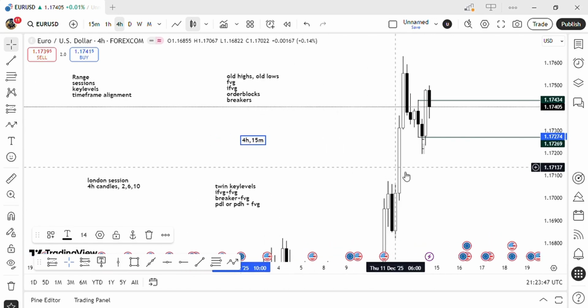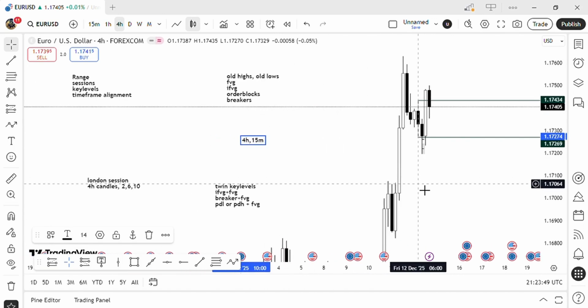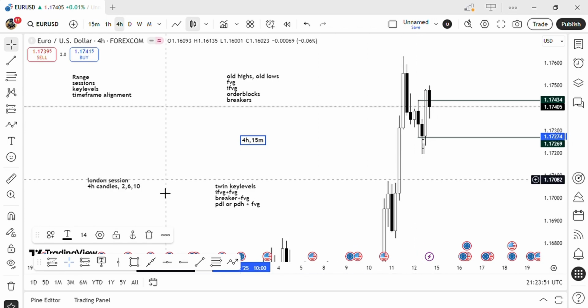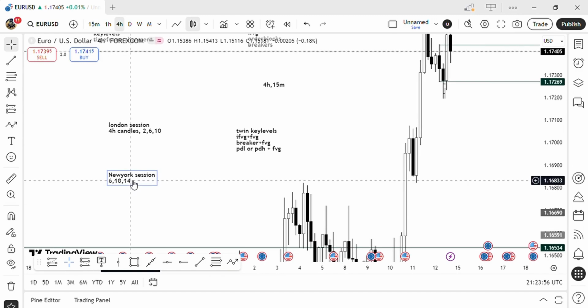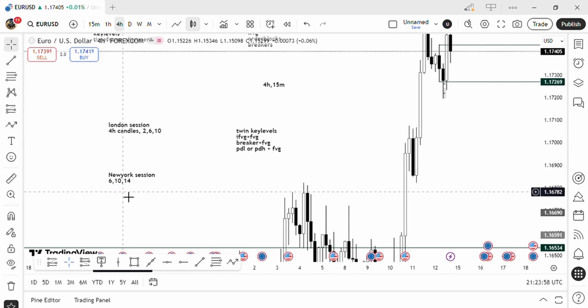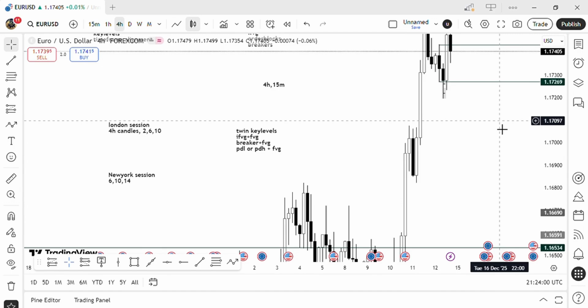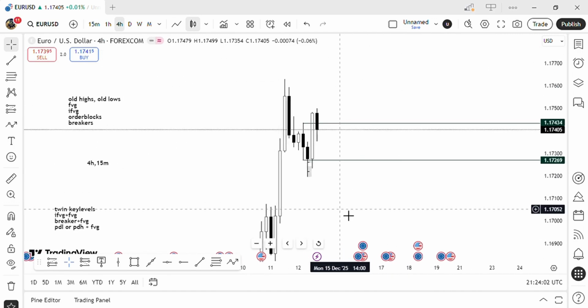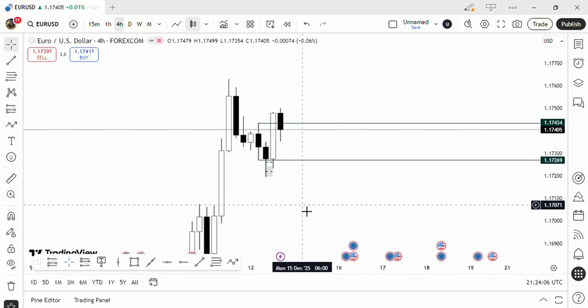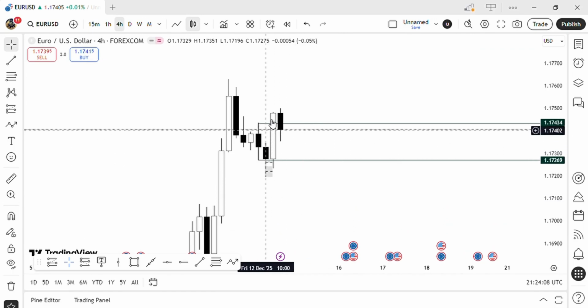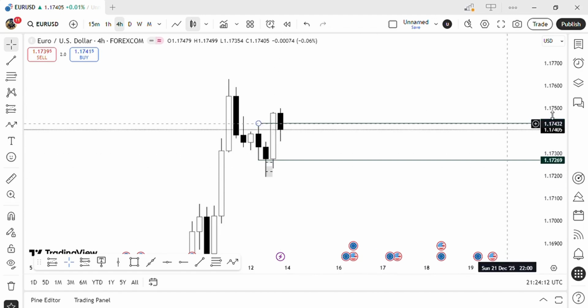Remember, 6, 10. The next candle is going to start by 14 UTC, 1400 UTC. So that means our trade will be during the New York session. So we have our range. Then we're waiting for the next candle to mitigate either side of the range and close within the range, just as this candle did.